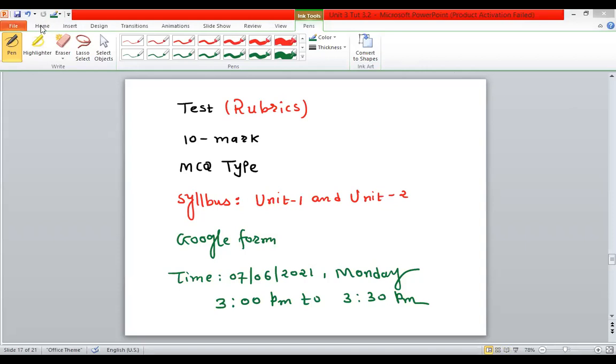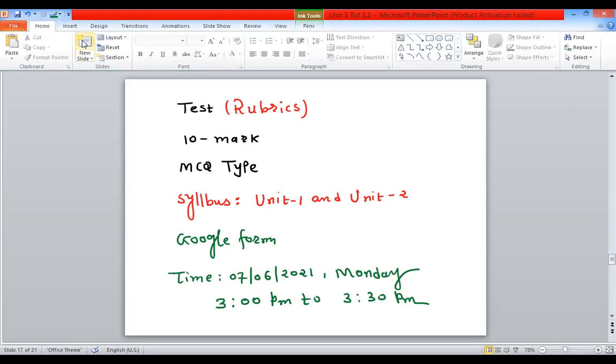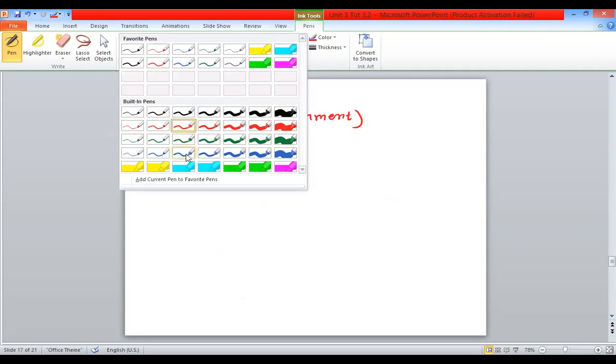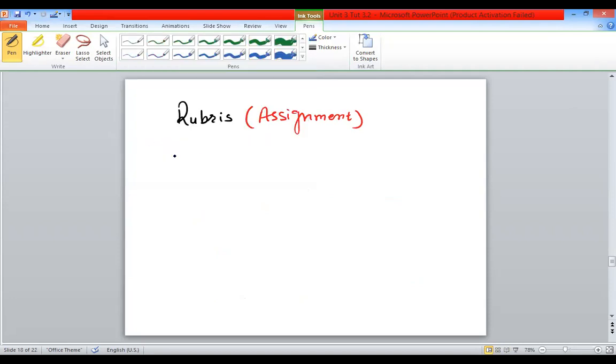The second thing is about your rubrics assignment. Today I'm putting it on your Google Classroom.